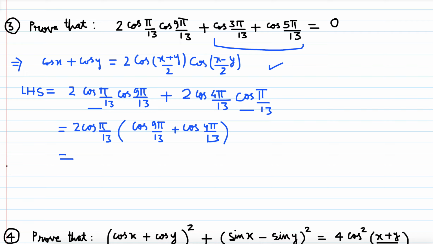Now again we can combine these two terms using our same formula. So 2 times cos pi by 13, and this becomes 2 times cos of 9 plus 4 pi by 13, divided by 2. So 13 pi by 13 divided by 2 becomes pi by 2.